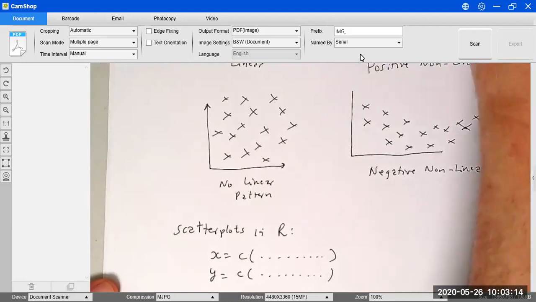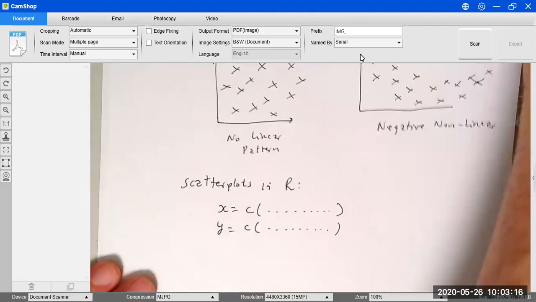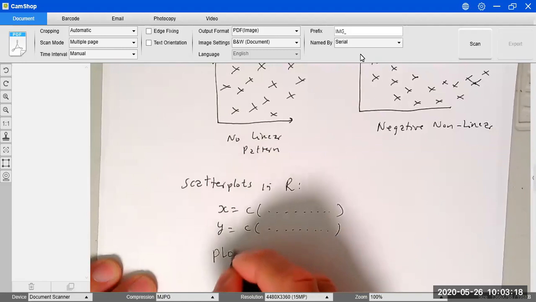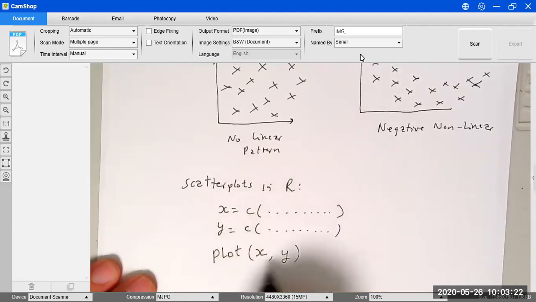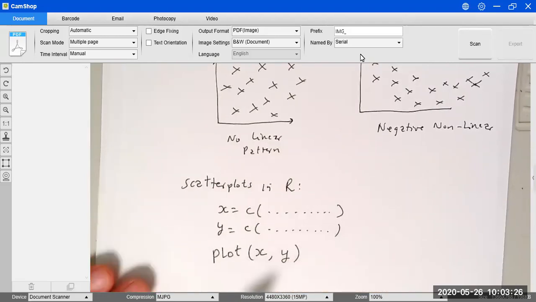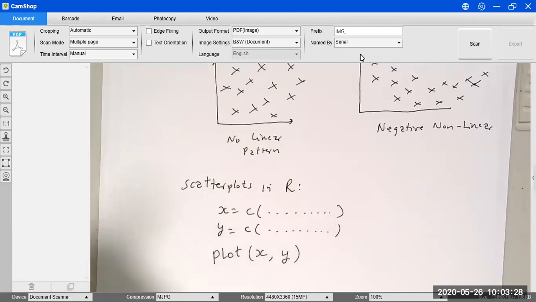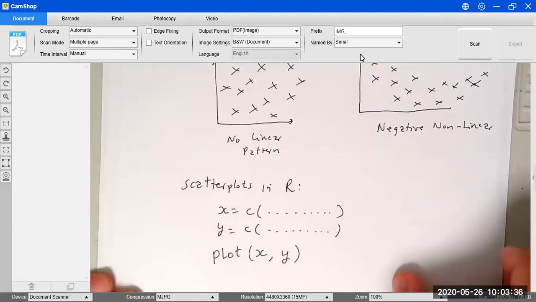Then a simple command: you're going to plot X and Y. You're going to plot the ordered pairs X, Y. Once you get the plot, then you're going to try to identify whether you see a linear pattern or not.